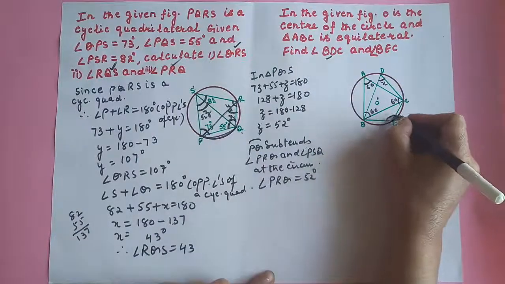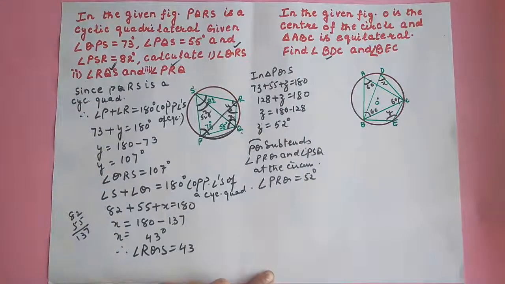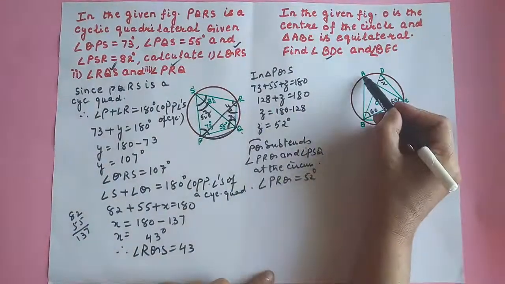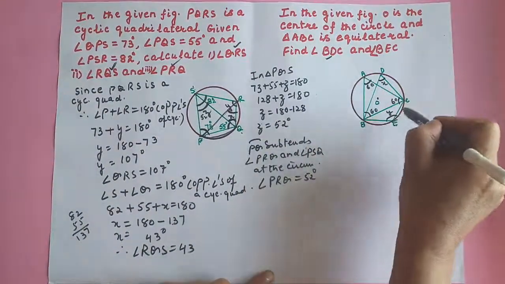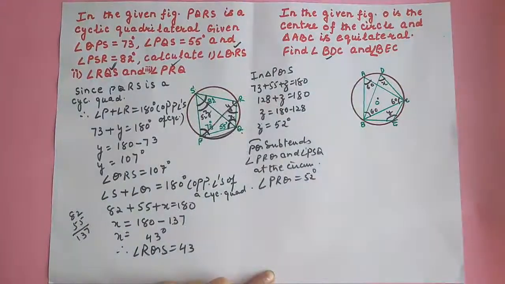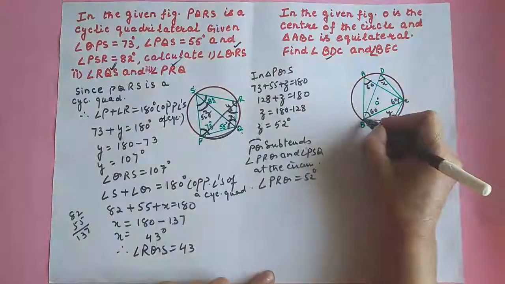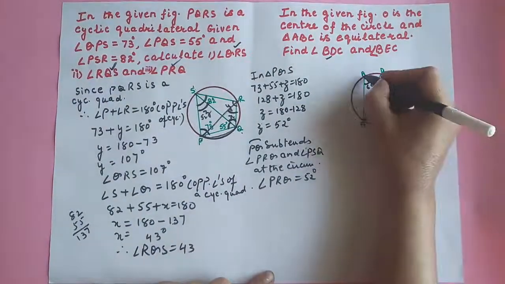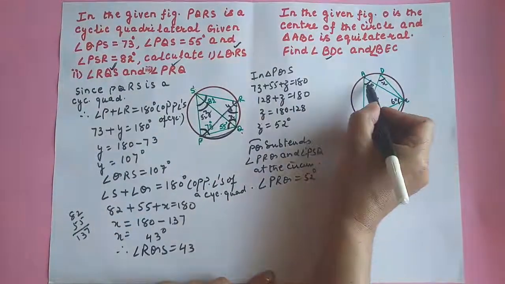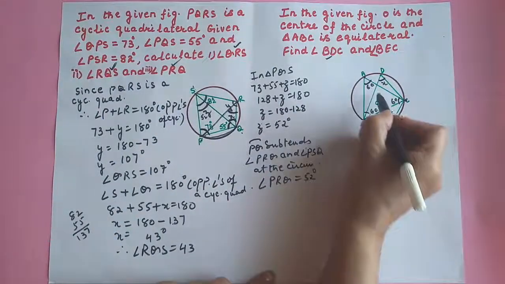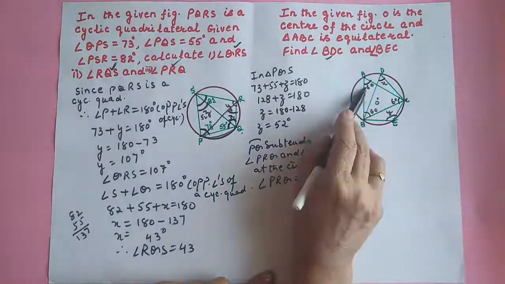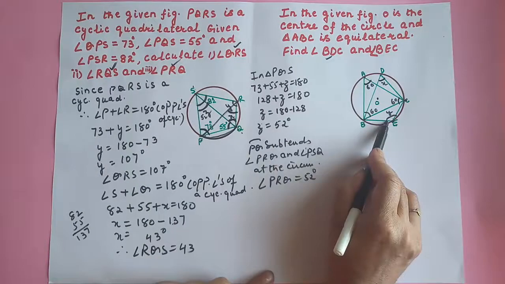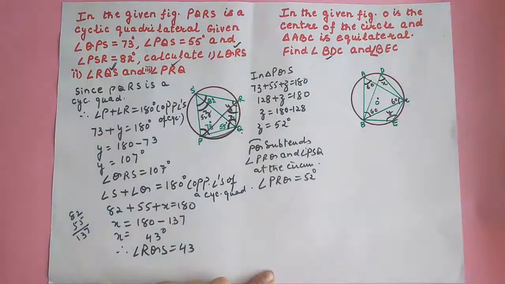That means this angle, let this be Y. Right? Now look at the quadrilateral ABEC. It's a cyclic quadrilateral, because all its endpoints lie on the circle and the sum of its opposite angles is supplementary. So 60 plus Y is 180. So your Y is 120.